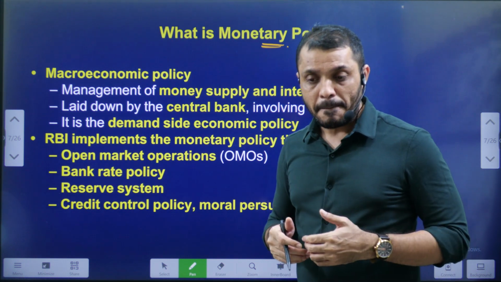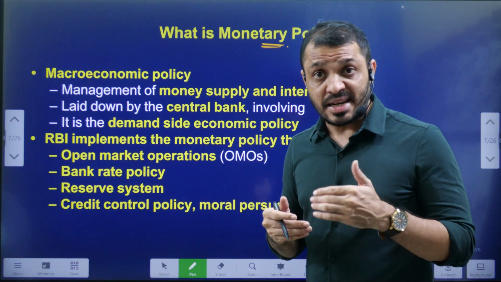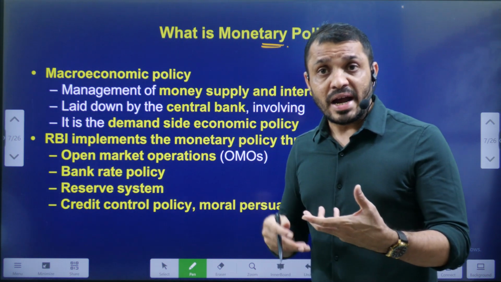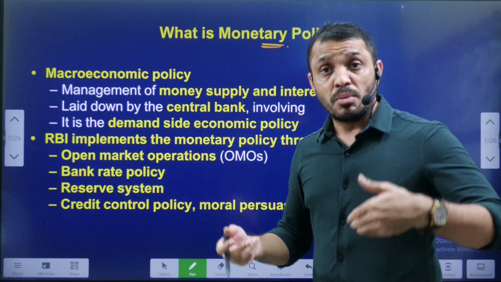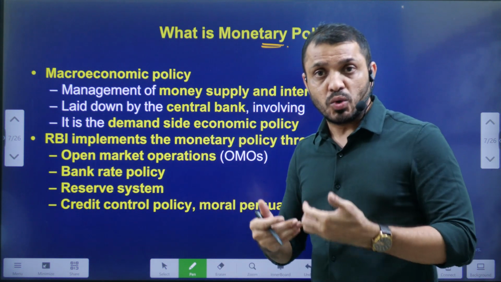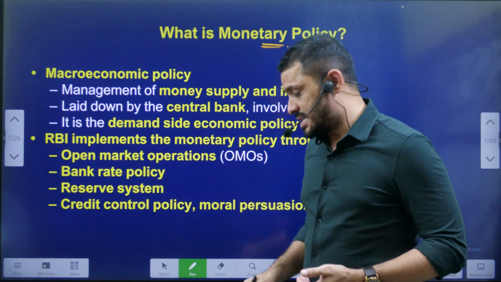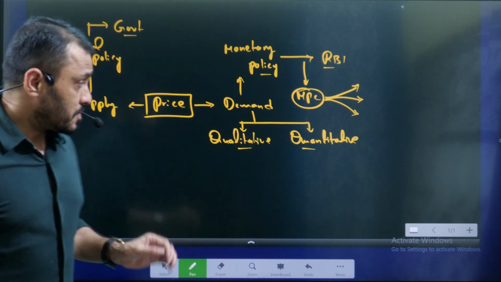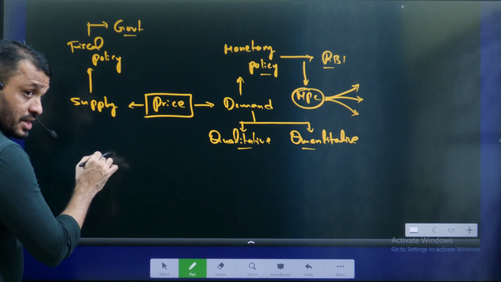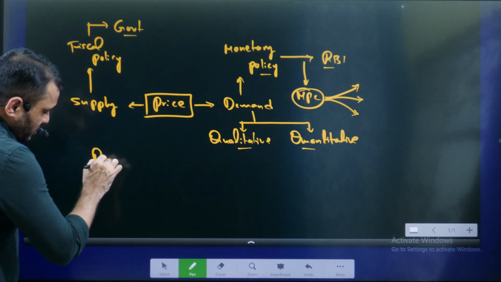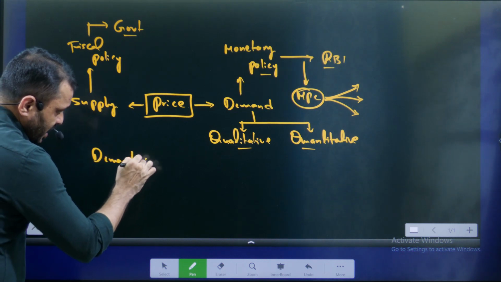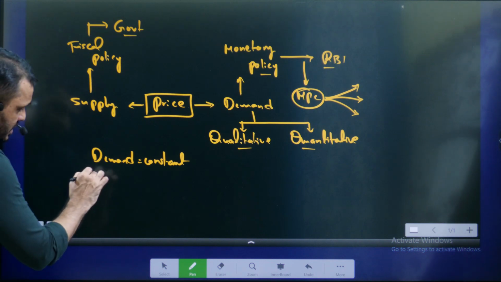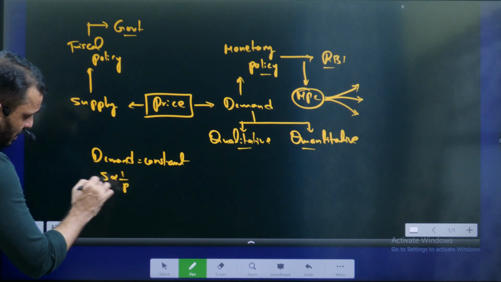controlling the money supply. If the money supply is higher than required, then obviously money will be more and goods will be less. So more money will chase fewer goods. That means price will increase. Inflation. In this model, for example, when the demand is constant, obviously supply is inversely proportional to price.